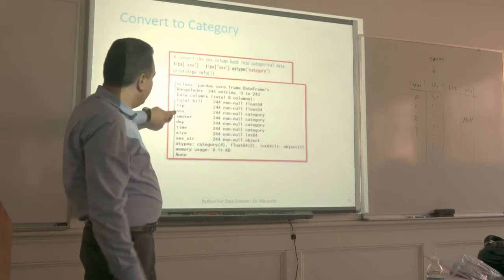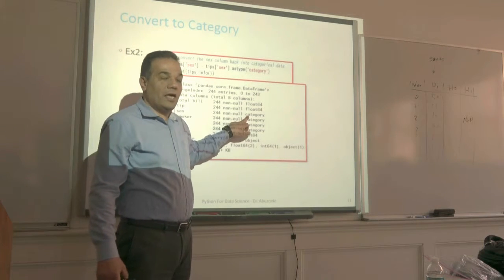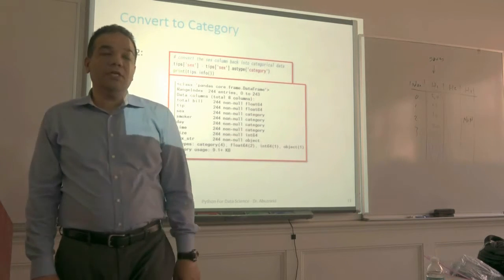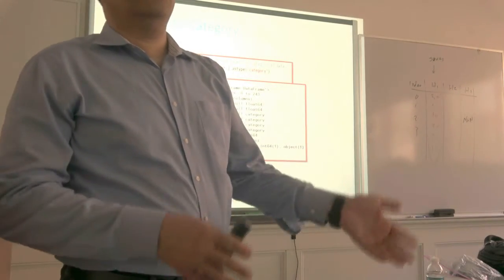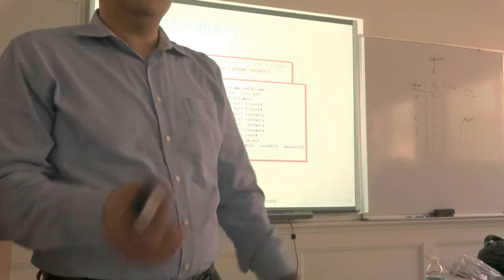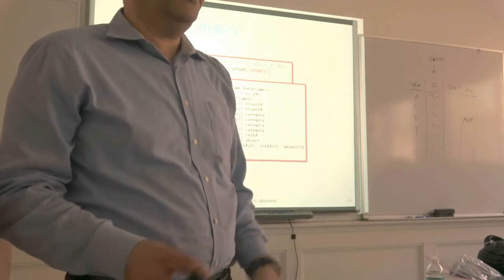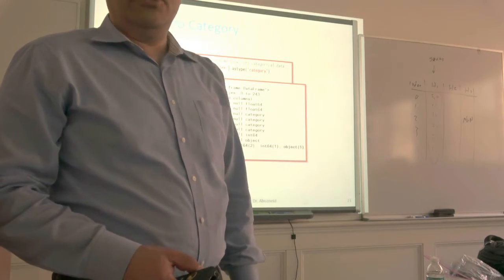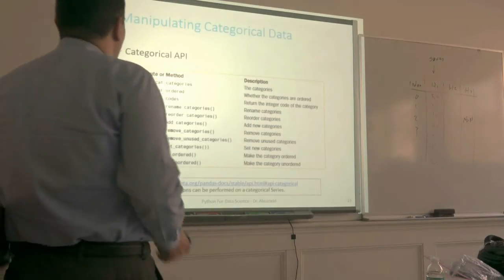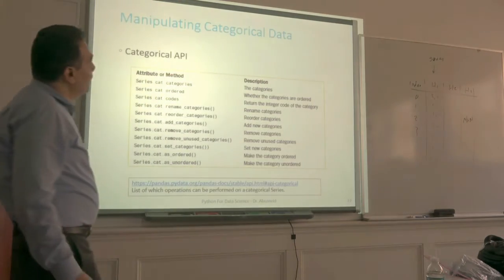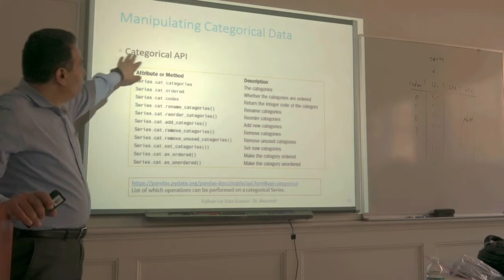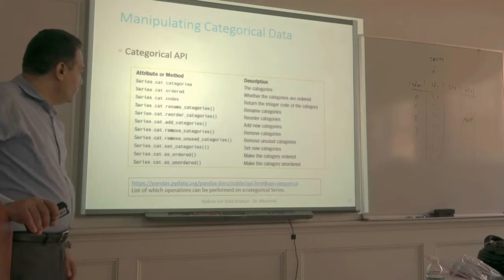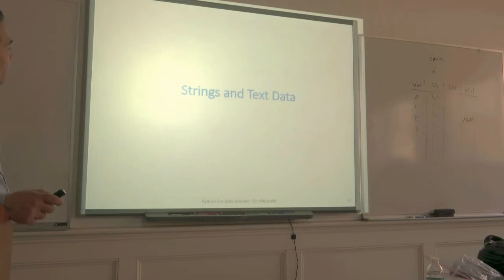So when you go to sex in here, it changes back to category. So it's very easy to change from numeric to object to category and vice versa. Not as easy, but you could do many things. Manipulating categorical data, and here for example, there are a lot of categorical APIs that you could use. Take a look at them.